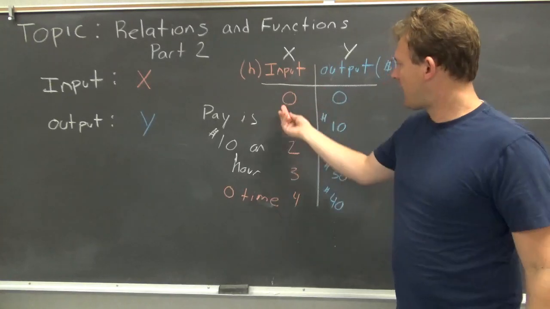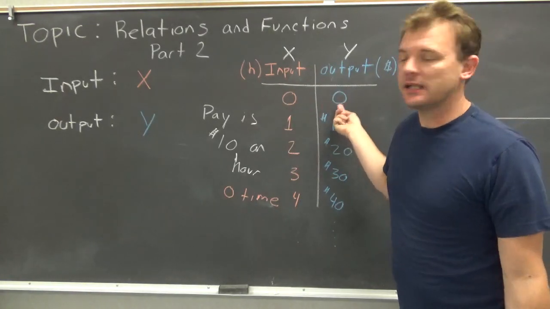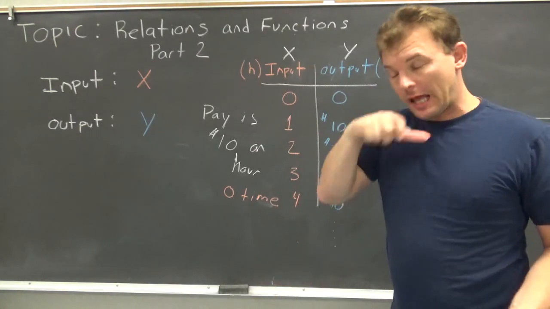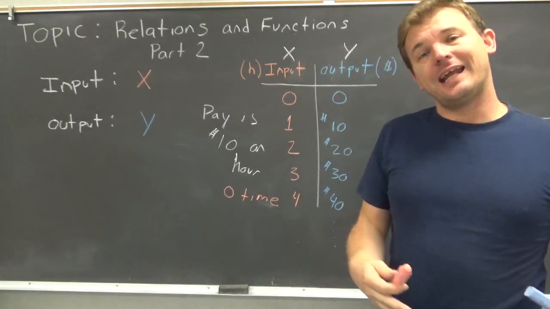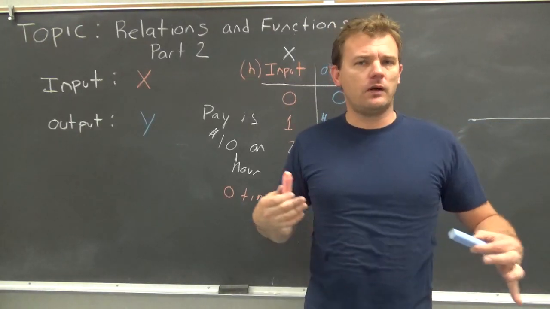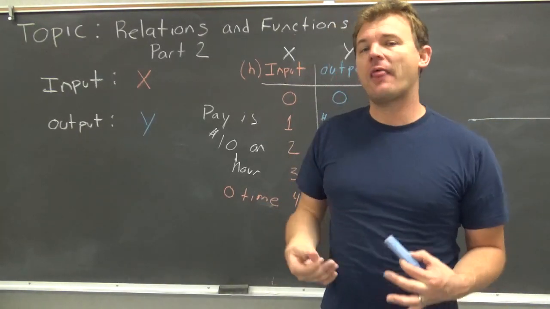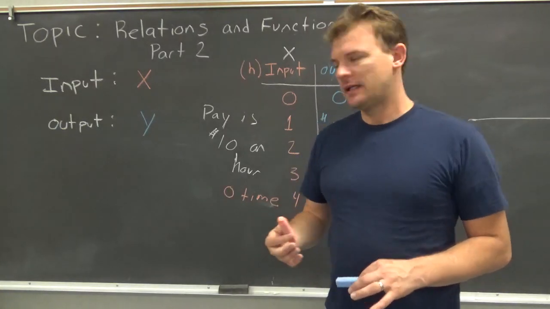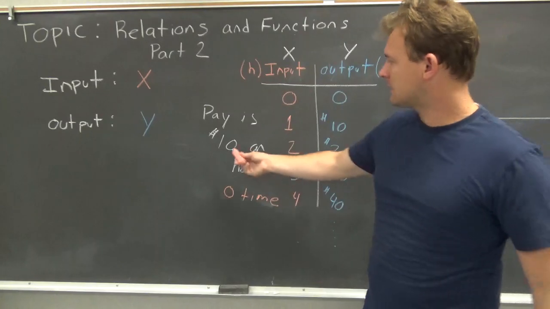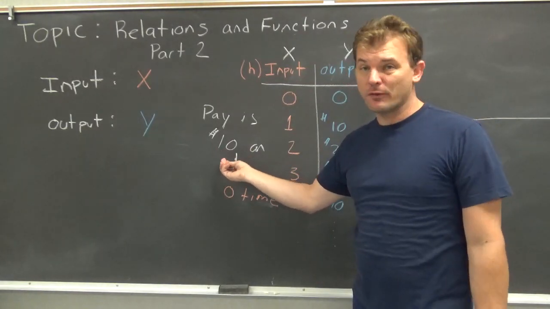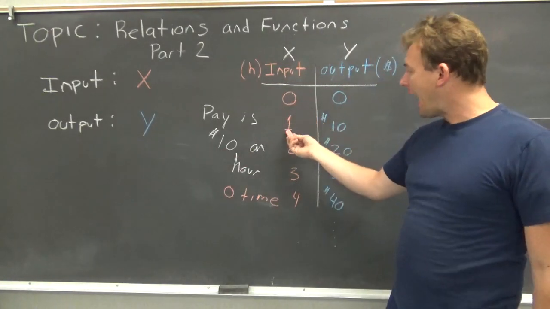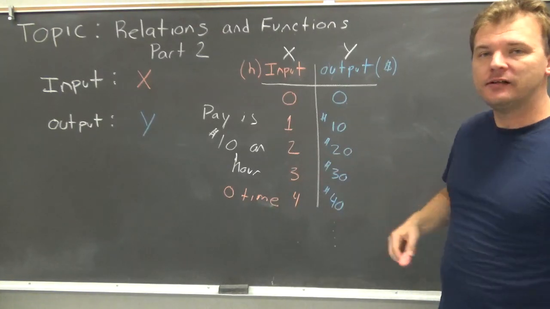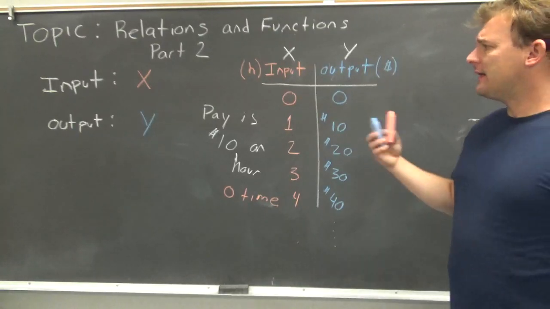That house has one person in it, that house has 10 people in it. That's how we're building data. So the census is gathering household data. And here, we are saying that we are getting paid $10 an hour from a job, and every hour we're getting $10 added on.